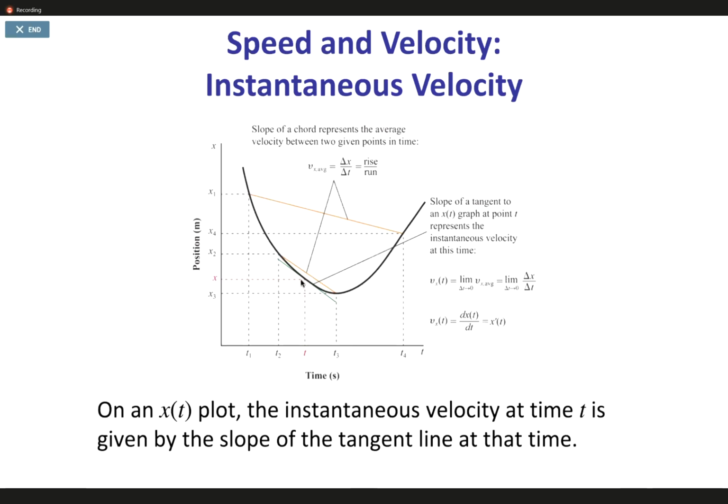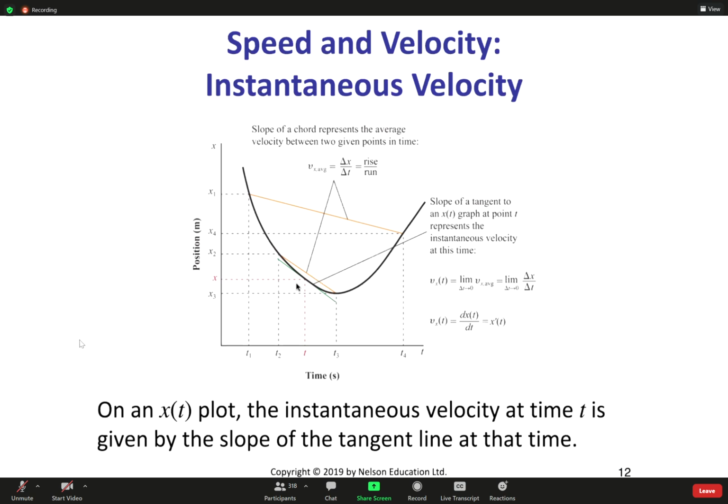You can think of this as being the slope of the tangent line located at this time t. Now, reading graphs is extremely important, so I think I should stop here and entertain any questions you might have about determining average velocity or instantaneous velocity from a position versus time graph.